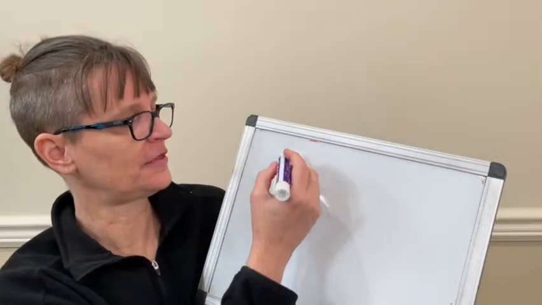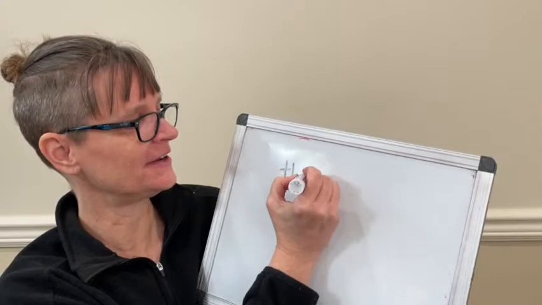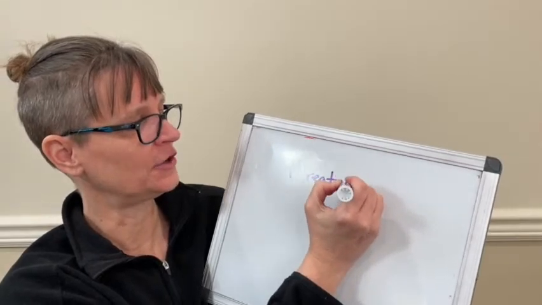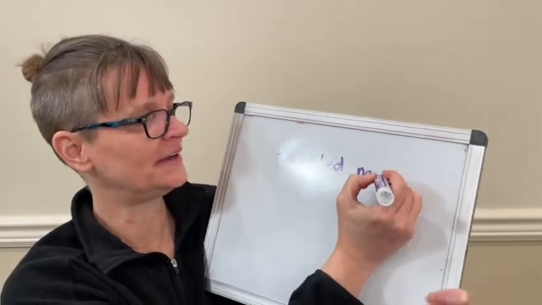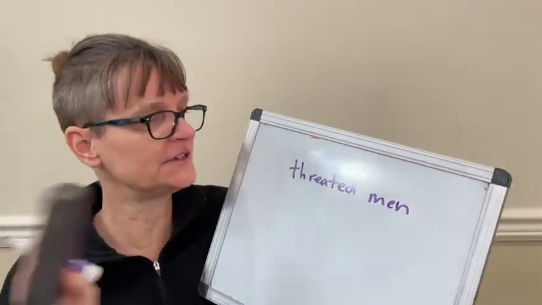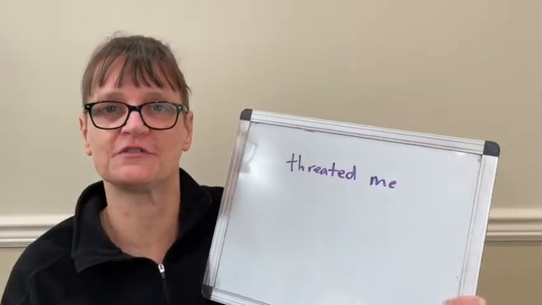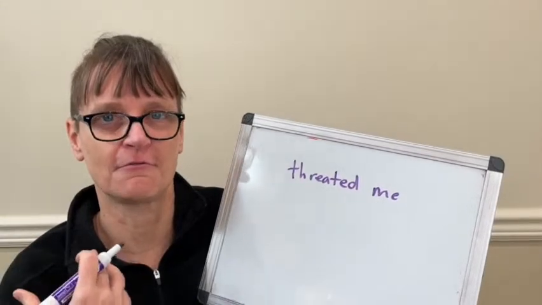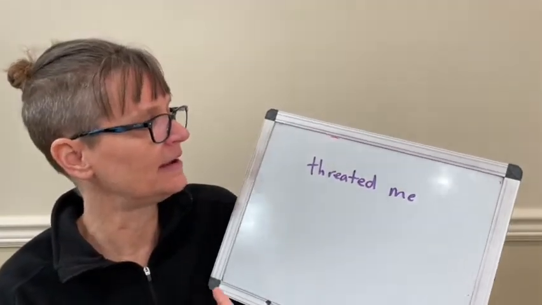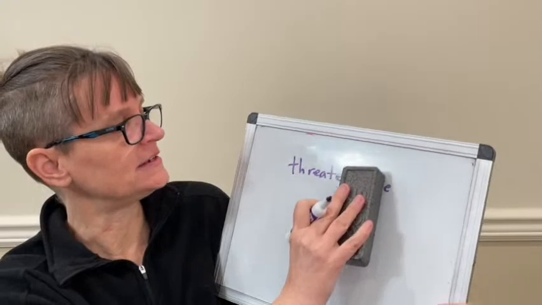Okay, let's see. We have a question with threatened me. Oh, it's nice to see you here. I saw your comment earlier, and yes, definitely different if you're just trying to say threaten versus threatened, and also if you're trying to say threatened me. Not threaded me, but threatened me.